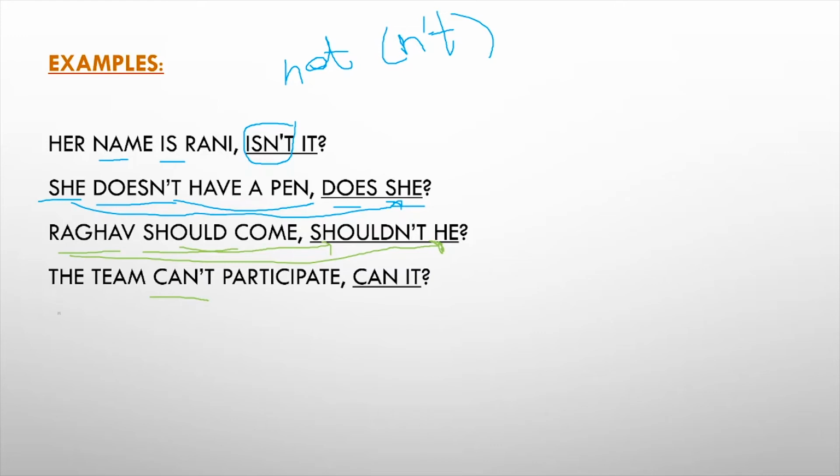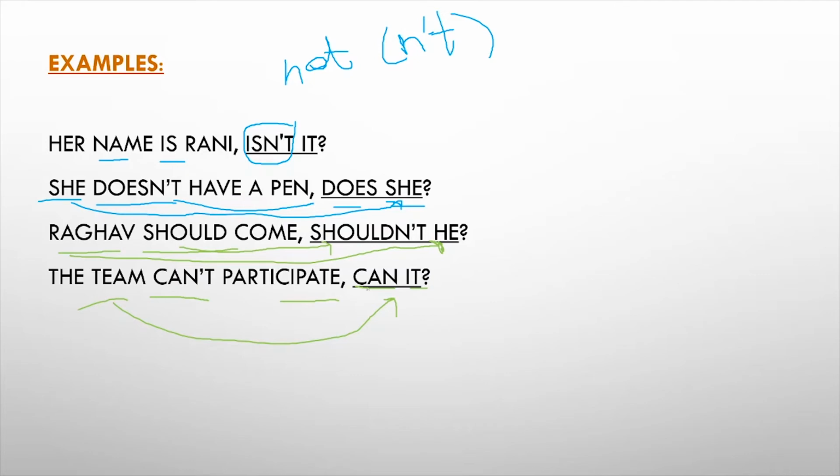Okay, let's look at the last example that we have here. It says the team can't participate. Can't is negative, so can it, because team is again non-living. Or if you want, you can say can they, because team can be addressed as singular and also as plural. It depends on the meaning that you are imparting. Okay, so can it.